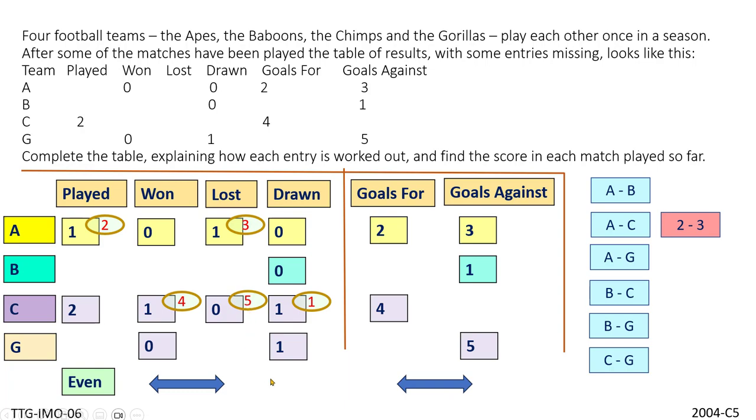Also, if we do a tally on the goals scored, let's look at the goals scored. Now, the goals scored for C is 4, out of which 3 were scored against A, which means when C played the draw game against G, that would have been 1 versus 1, isn't it? I'll repeat.